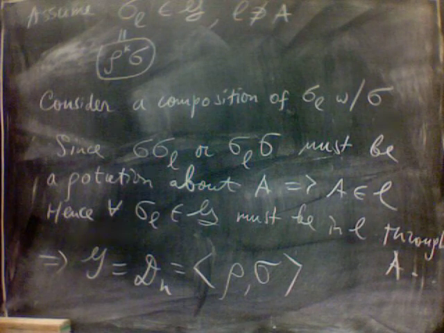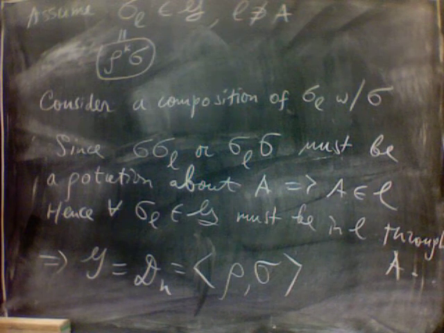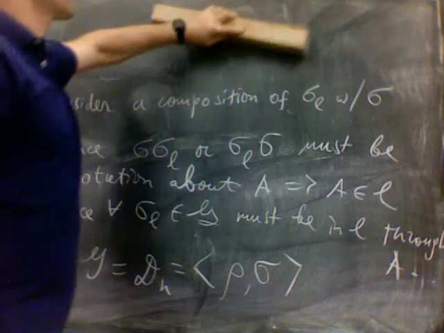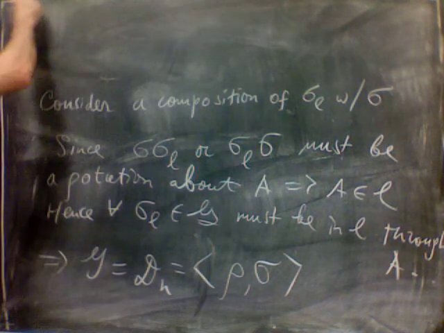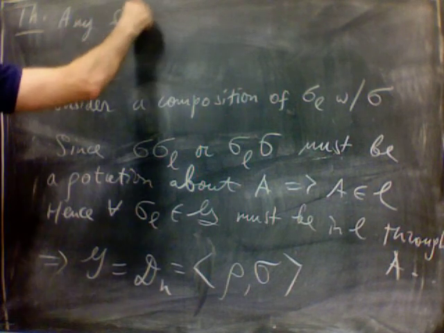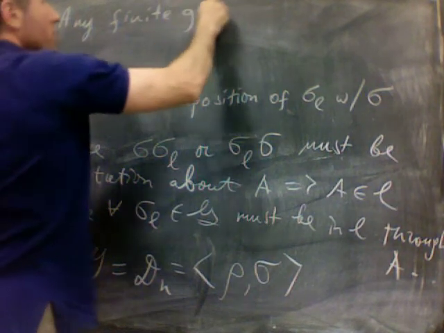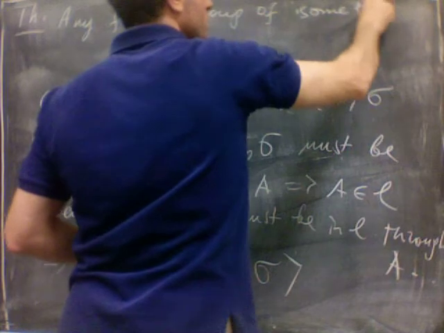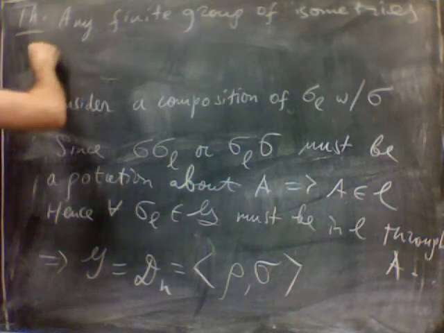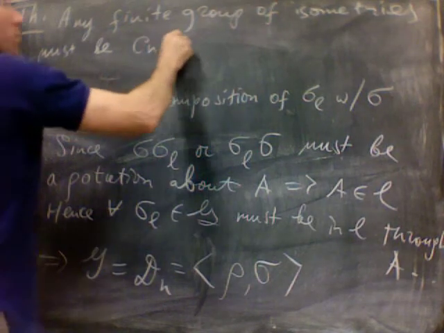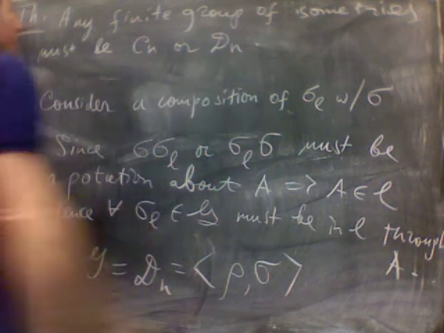Okay, so thus we have Leonardo's theorem that any finite group of isometries must be Cn or Dn.